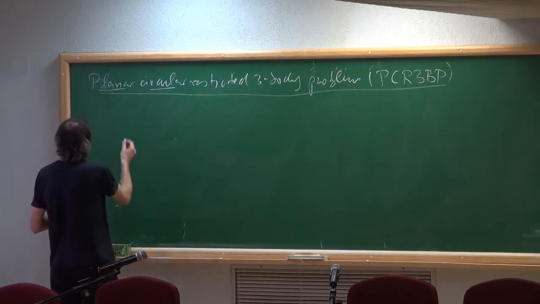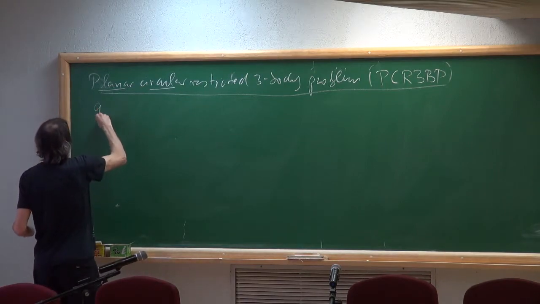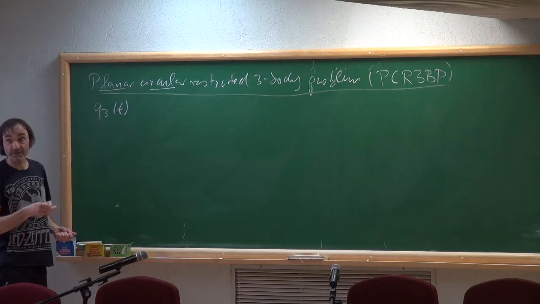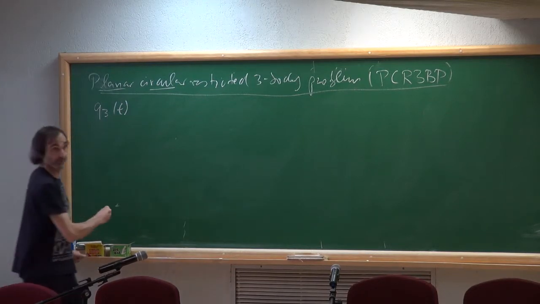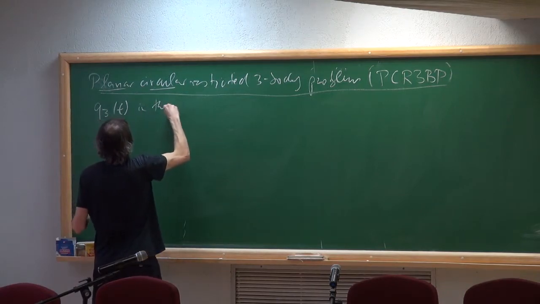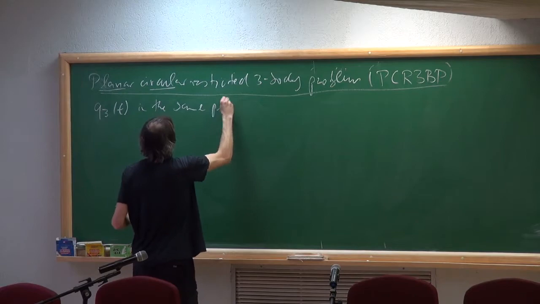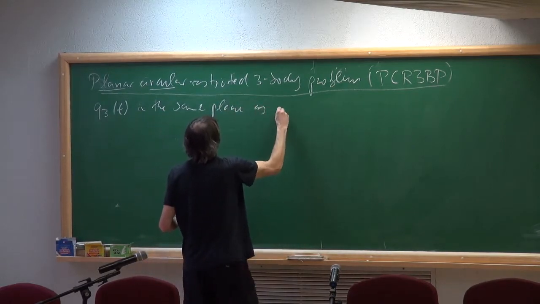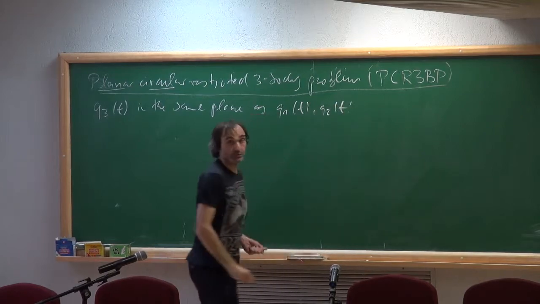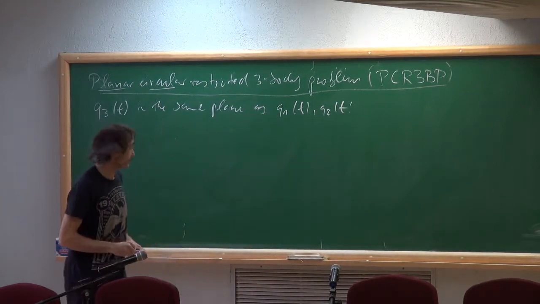Okay. So what is planar and circular? Well, planar means that the third body is moving in the same plane as the other two, in the same plane as Q1(t), Q2(t).